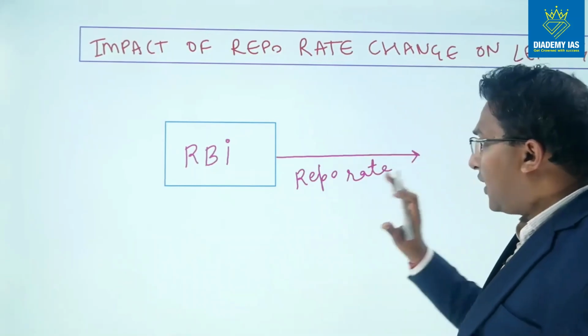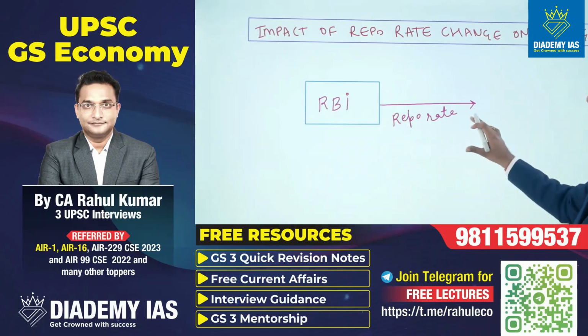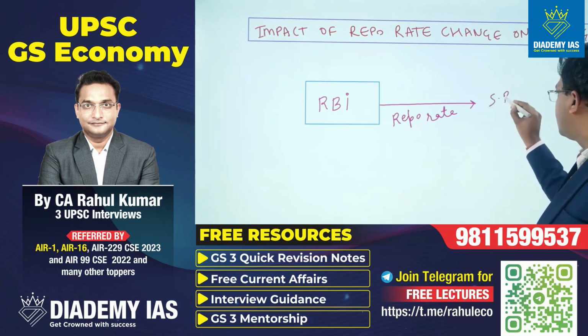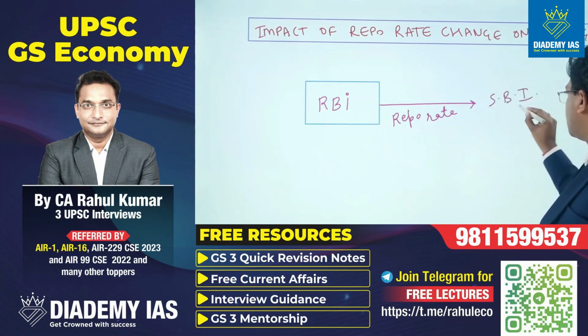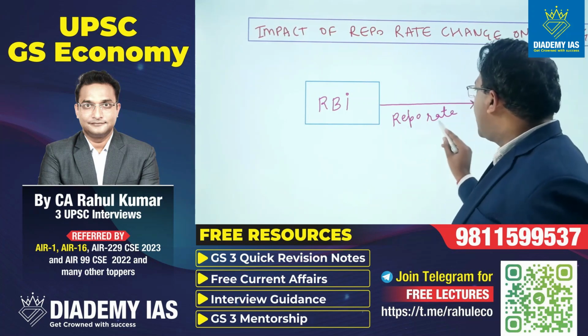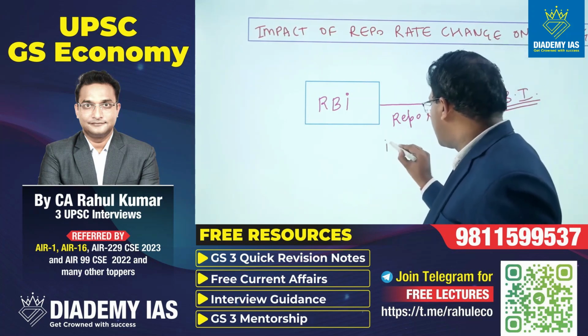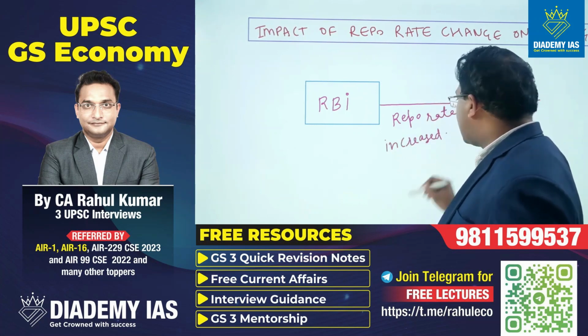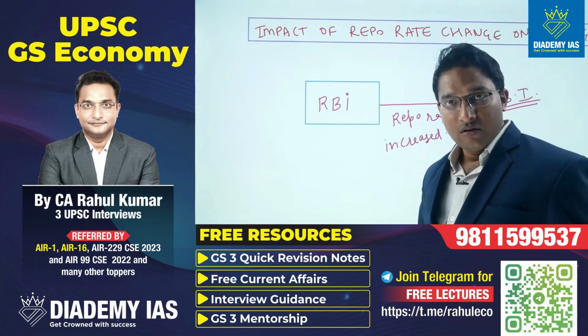So RBI is providing the short-term lending at the repo rate to the State Bank of India, for example. Now, suppose the repo rate is increased. There is increase in the repo rate.